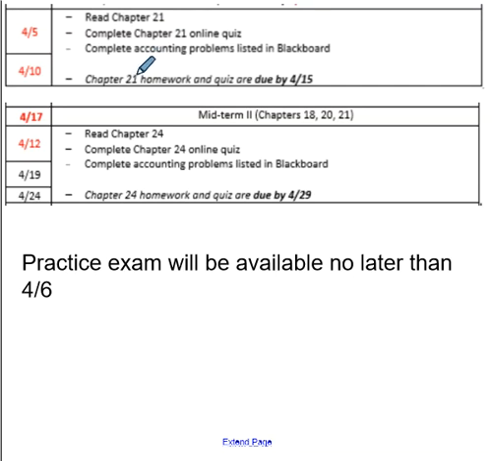Sometimes there will be some challenge in me writing items that are recognizable, and I'll try to work with you on understanding what those items are. So let's go ahead and take a look at our upcoming schedule through April the 24th.